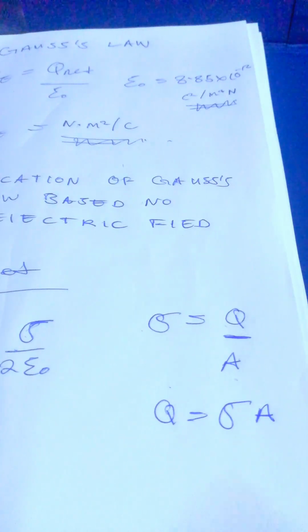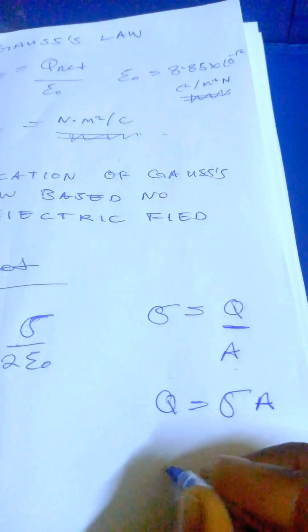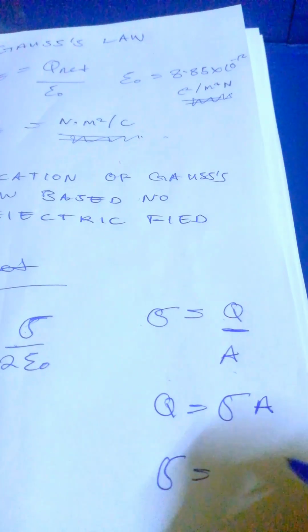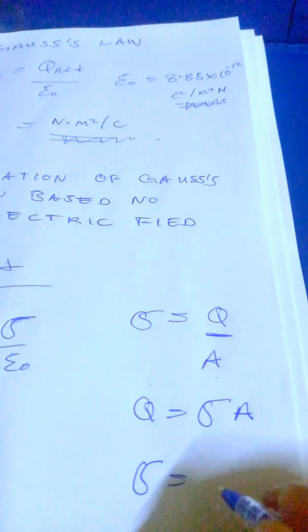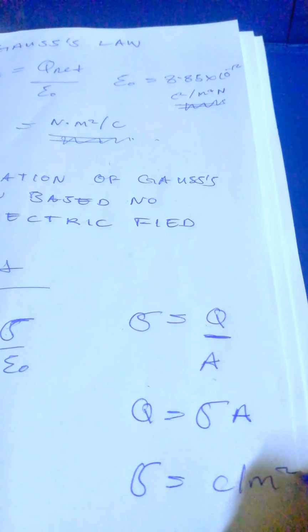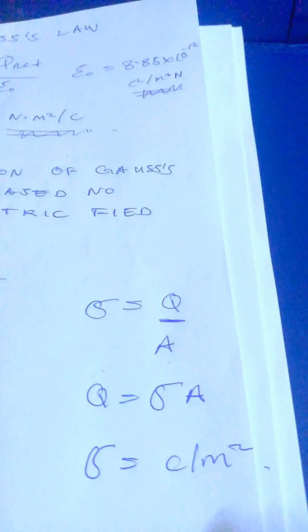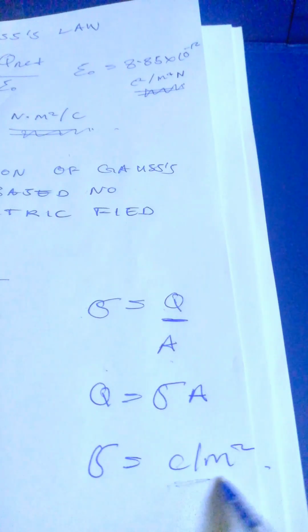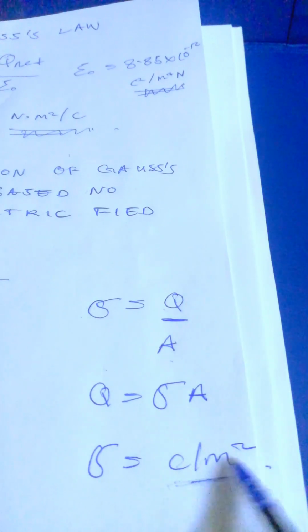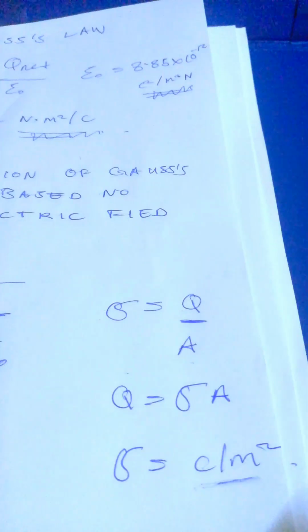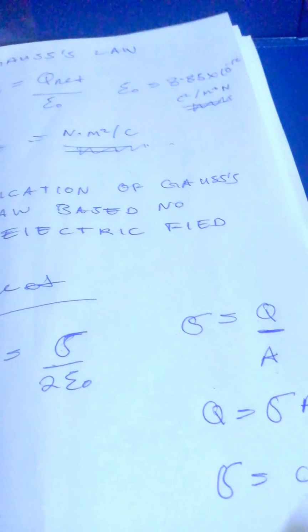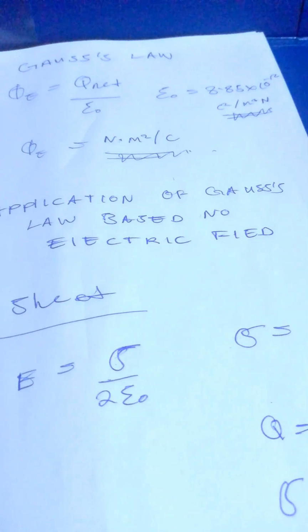The unit for area charge density is coulomb per meter squared. So whenever you are given a question, concentrate on the units if given, so that you know which formula to use. So that's for a sheet.